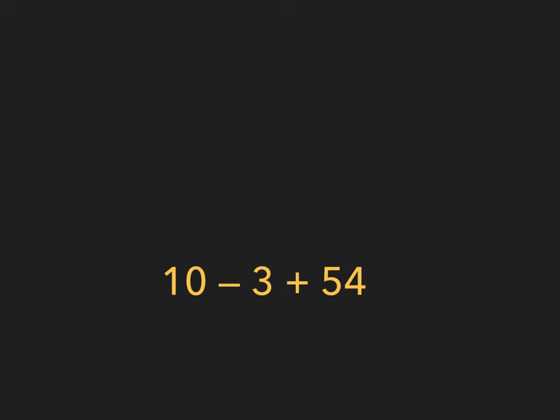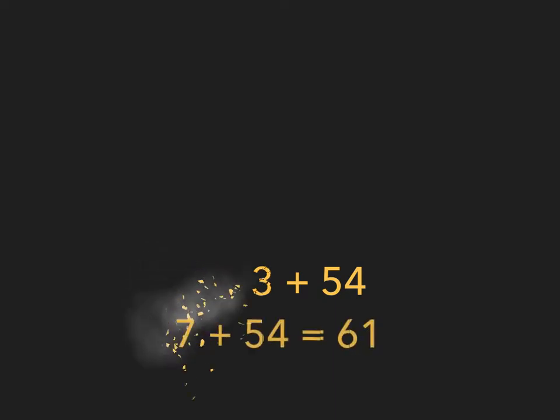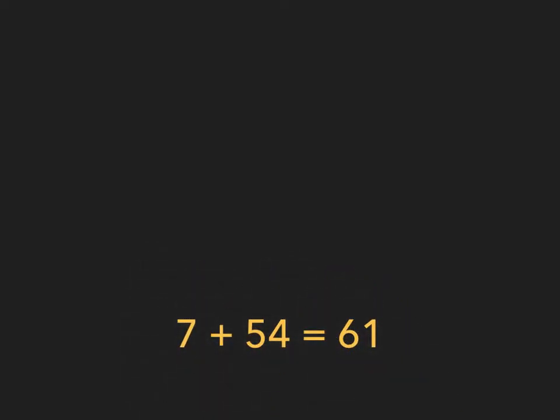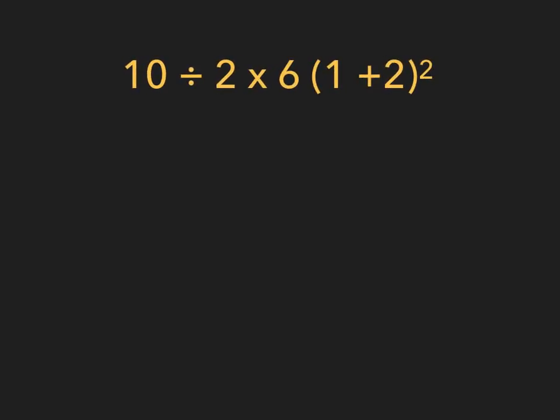If I have addition and subtraction left in this problem, I'm going to read the problem from left to right. So in this case, I'll first figure out what 10 minus 3 is, which is 7, plus 54, which equals 61.